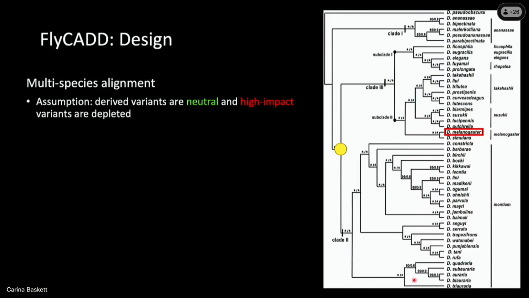So the leading principle of FlyCADD, or of any CADD, is that you need a multi-species alignment. Luckily, there's a lot of genomic information available for Drosophila species. Over here we have melanogaster, but all these other species have been sequenced recently as well. And this allows you to reconstruct the ancestral sequence.